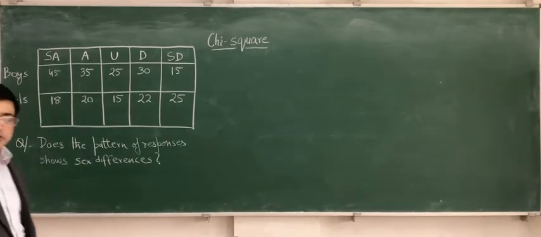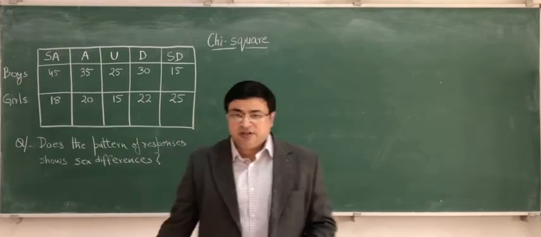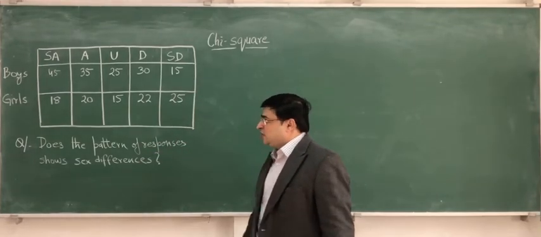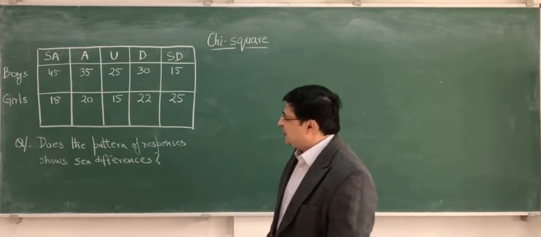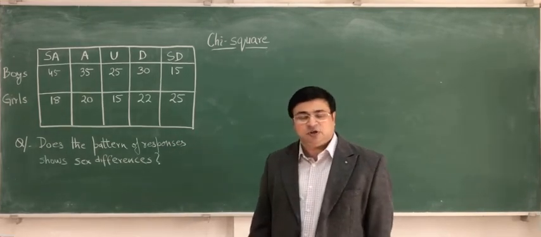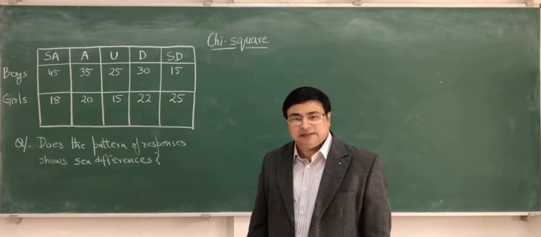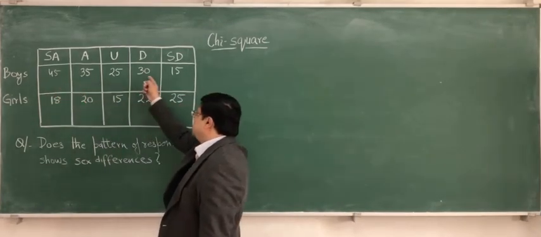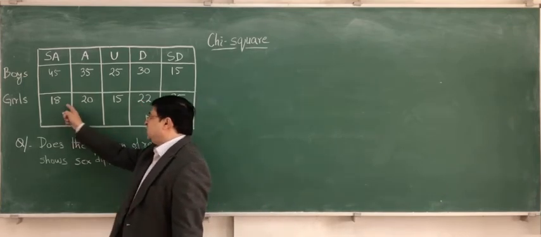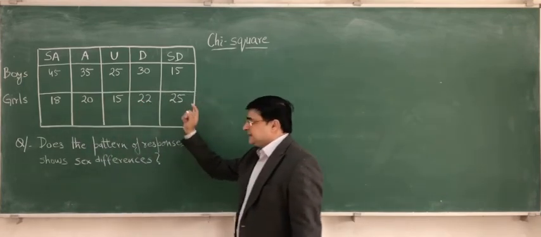Yes, so you can see here, there are 10 boxes, 10 cells, that is the observed frequency for boys as well as the observed frequency for girls. So this is the observed frequency for boys and this is the observed frequency for girls.